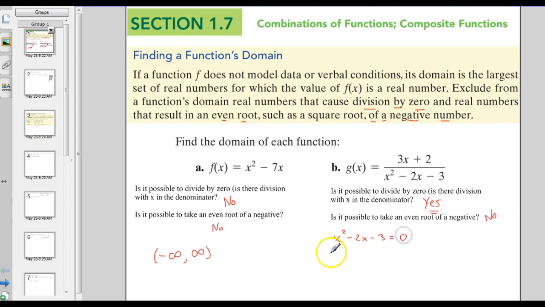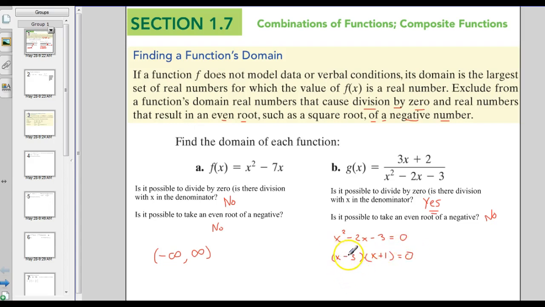and we solve. So this is factorable, meaning I can write those two sets of parentheses that factor to this. I need two numbers that multiply to negative 3 and add to negative 2. So that's negative 3 and 1. Now each of these could produce a 0 and make this equal to 0. Remember we're multiplying, so if x minus 3 is 0, 0 times this is equal to 0.